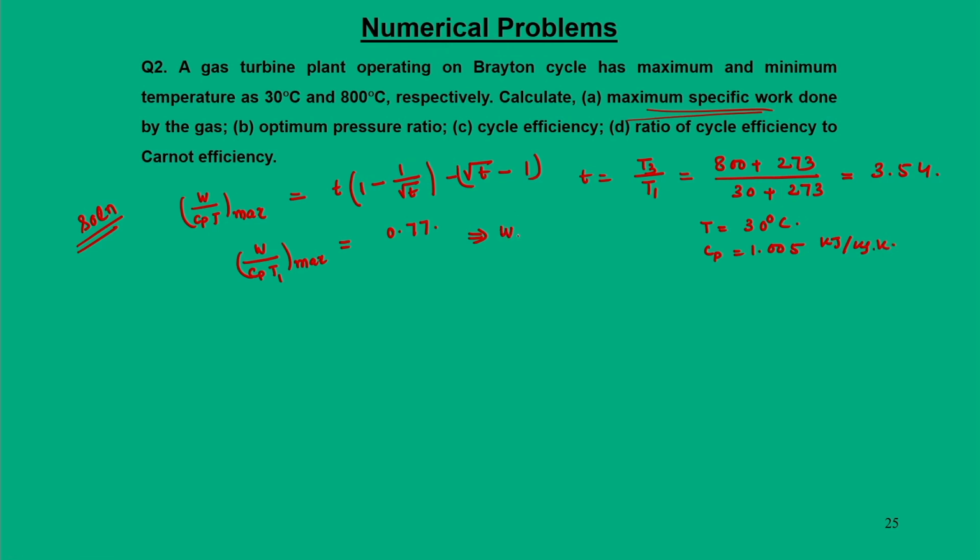So, this will give you W max as 234.5 kilojoule per kg. So, you can get this much maximum work from these conditions. And instead of maximum work, I will correct it to optimum, because this is an optimum condition. So, optimum is the right word.